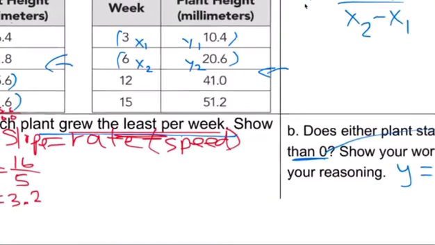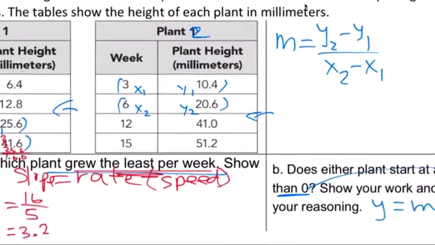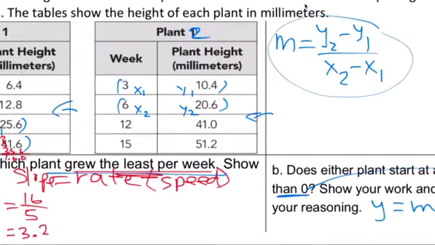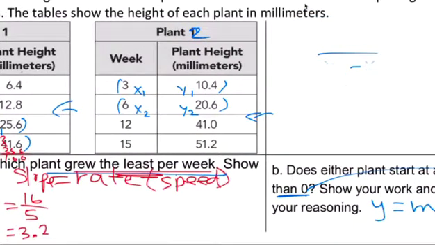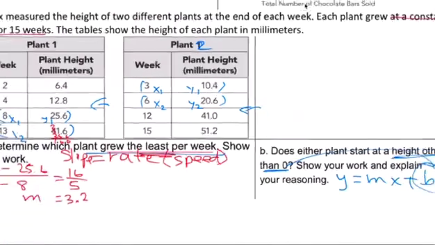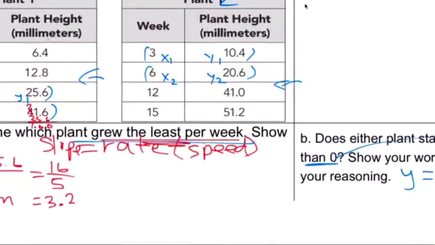So y sub 2 minus y sub 1 over x sub 2 minus x sub 1. I'm going to erase the problem up here because we're going to need that work for the other stuff. And y sub 2 is 20.6 minus 10.4.